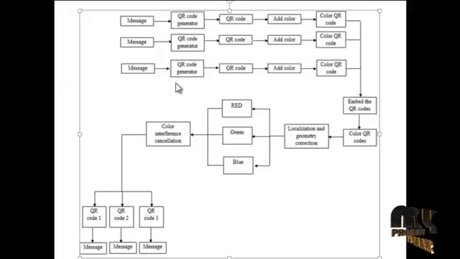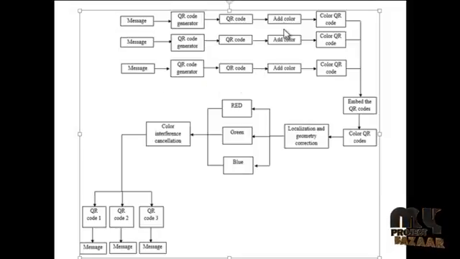Now, this is the flow diagram for our proposed work. Here three types of messages are used, and they go to the QR code generator, and the QR codes are generated. That process is done in the normal QR code application.